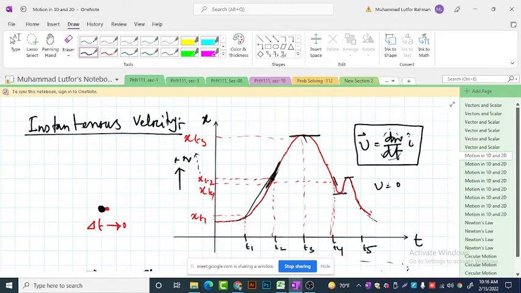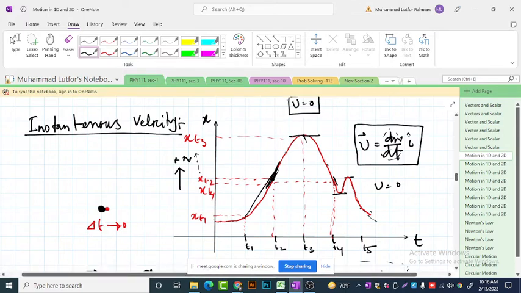Now, what is the physical significance of the instantaneous velocity at this point? Remember, when the instantaneous velocity is 0, we say in physics the car will be momentarily stopped. At this point, the particle would be momentarily stopped. What is the explanation of that?